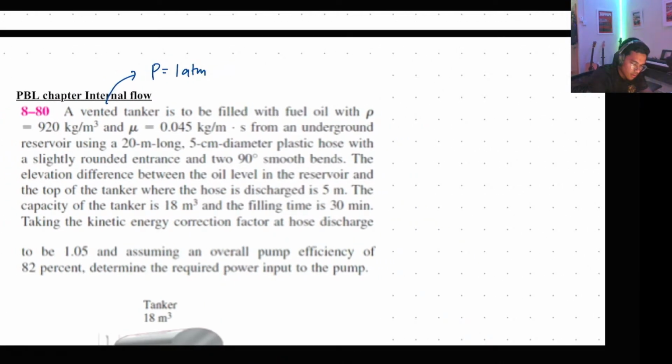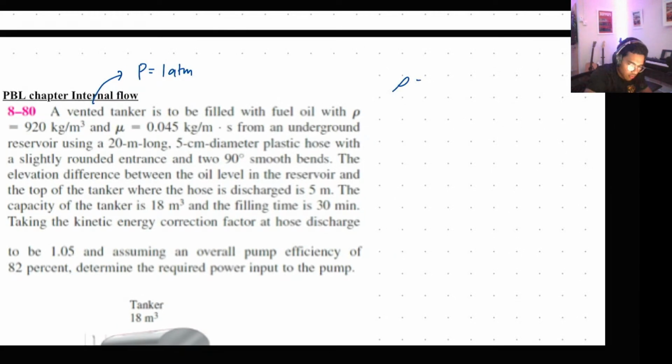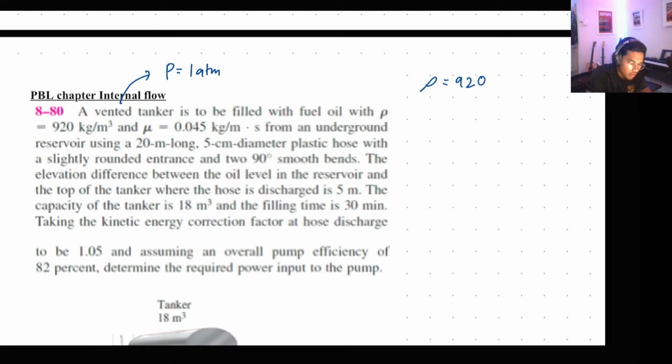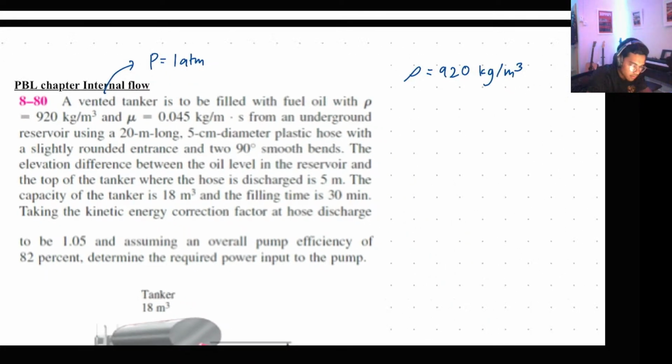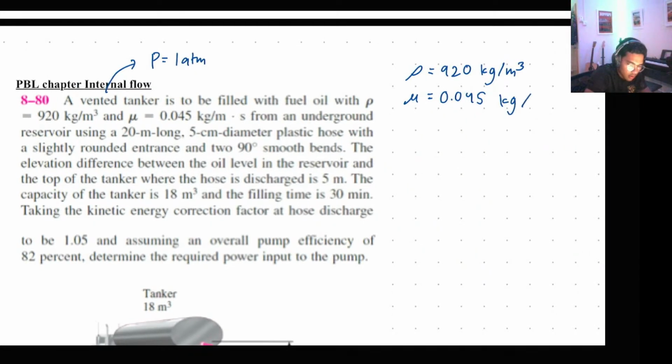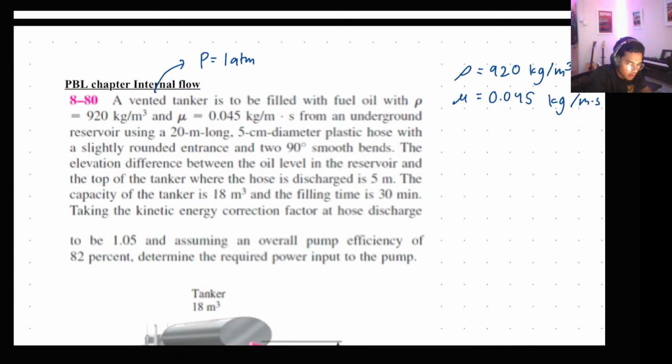Rho equals 920 kg per meter cubed, viscosity equals 0.045 kg per meter second, from an underground reservoir.